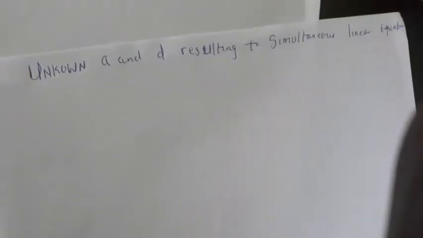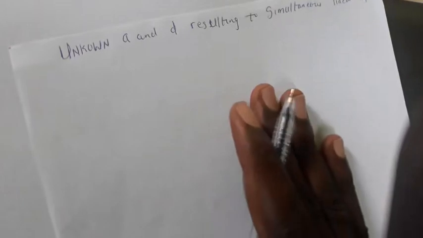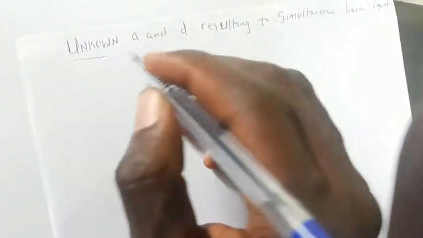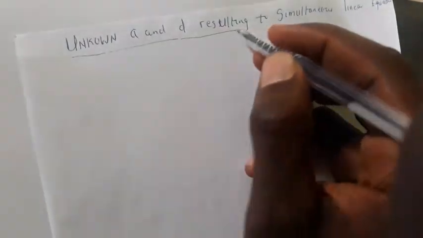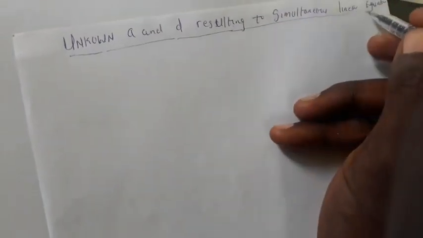So resulting to simultaneous linear equation. Now, unknown A and D resulting to simultaneous linear equation.